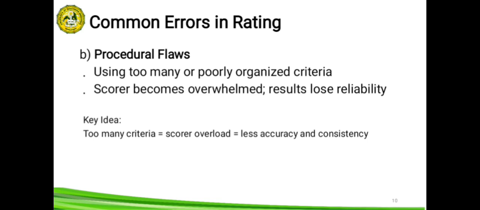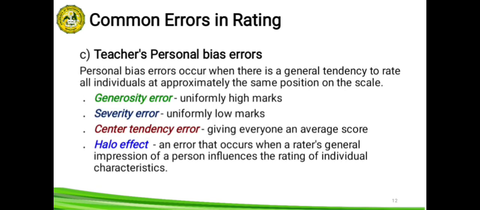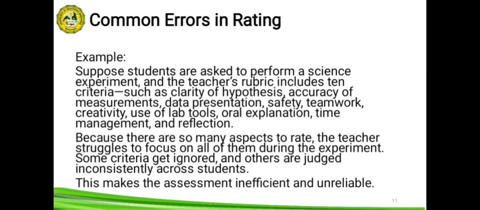The key idea here is: too many criteria equals scorer overload, which equals less accuracy and consistency. Let's see the example. Suppose students are asked to perform a science experiment and the teacher's rubric includes 10 criteria, such as clarity of hypothesis, accuracy of measurements, data presentation, safety, teamwork, creativity, use of lab tools, oral explanation, time management, and reflection.